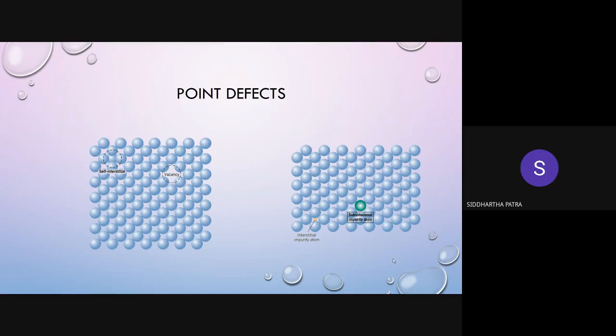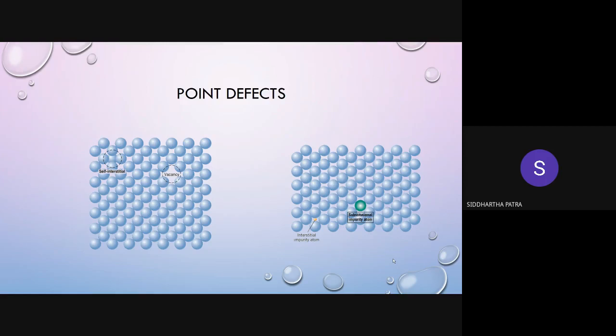Whatever element is smaller in quantity, we call the solute, and the solvent is the major material. In any ferrous alloy, iron is the solvent, and let's say that green colored atom is from chromium. It is taking the position of one of the iron atoms, so it is called a substitutional atom.